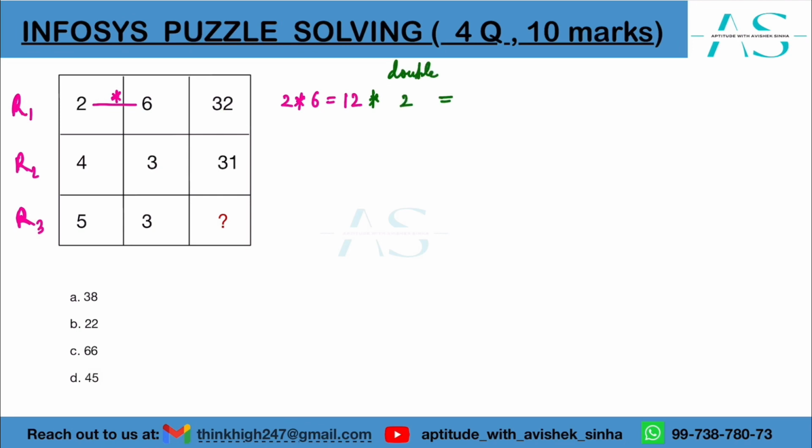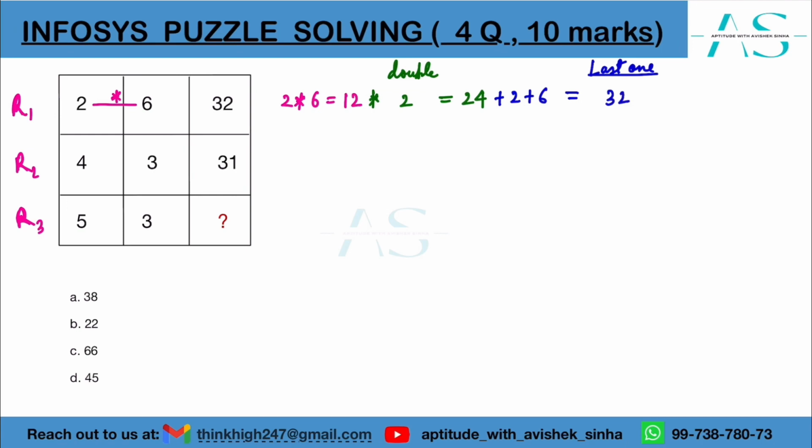We get 24. Now let's just add all the other elements. So adding 2 plus 6, we get the last one. 24 plus 6 plus 2 is 32.